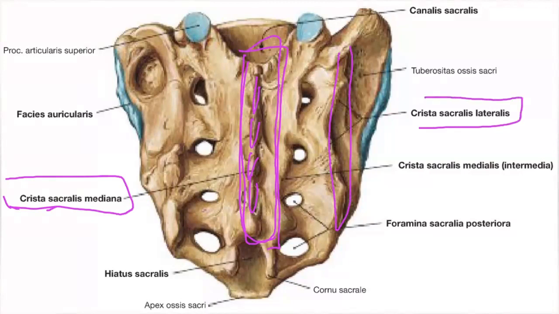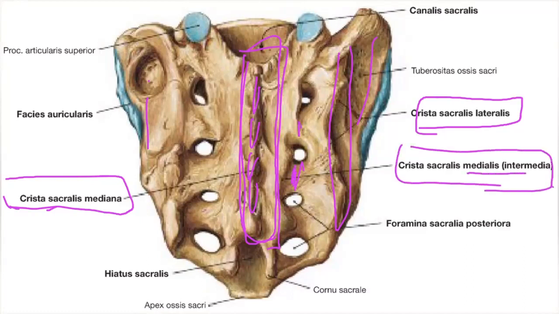Lateral surface with lateral crest, and this one is called the crista medialis, intermediate crest, right? So here are the tubercles which are spinous processes of the vertebral bodies. You see, this is the superior articular process.